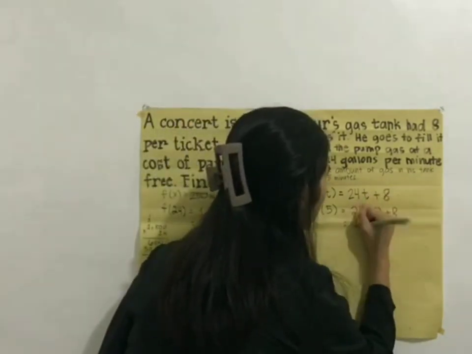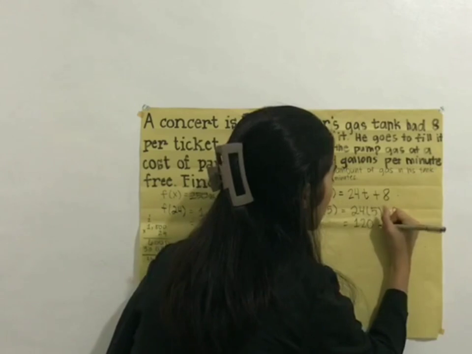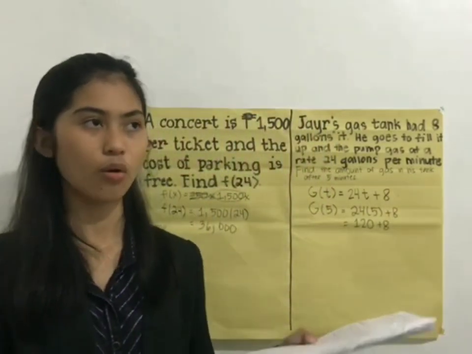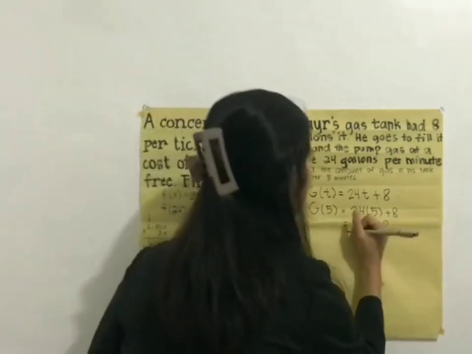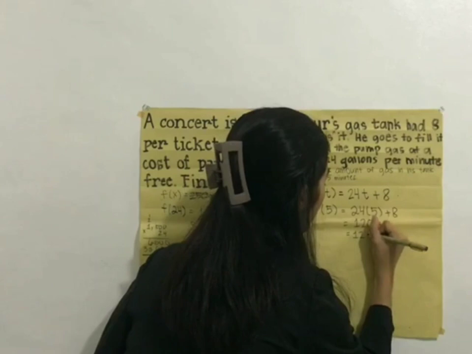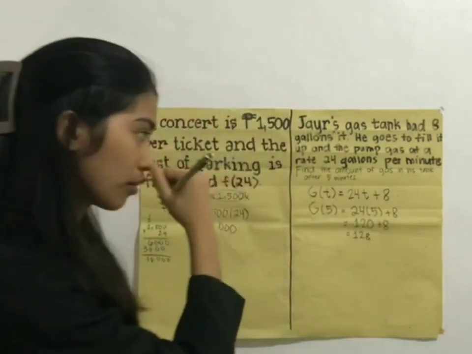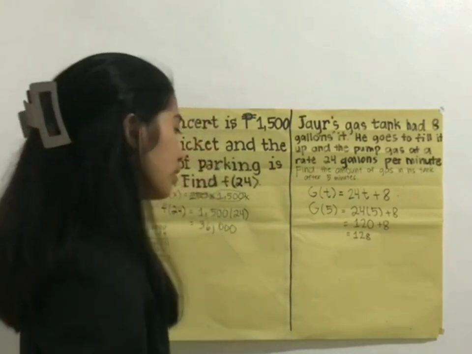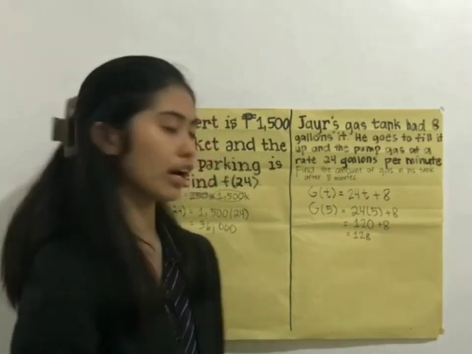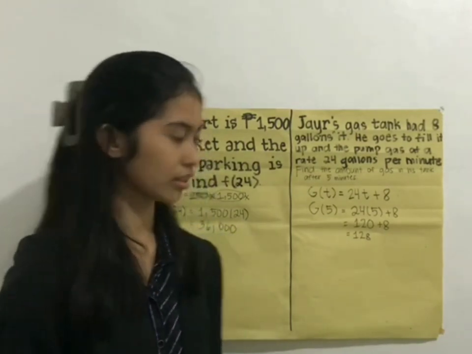So 120 plus 8 is 128. So the amount of gas in his tank after 5 minutes will be 128 gallons.